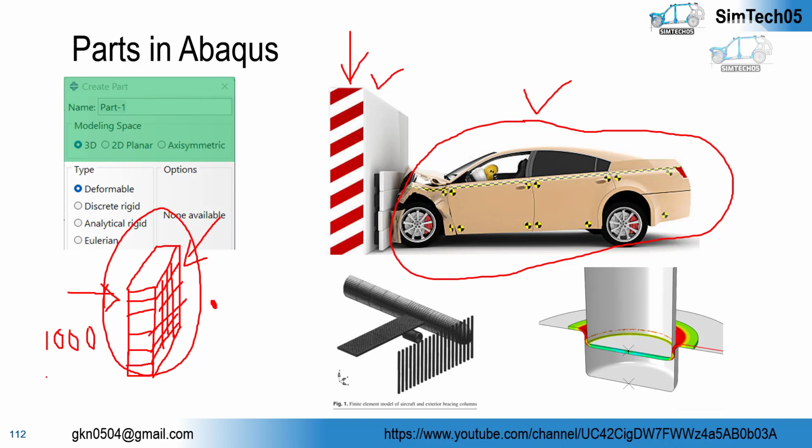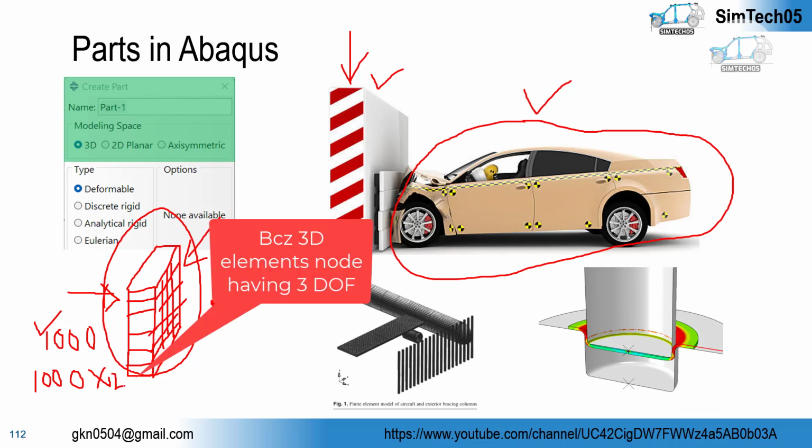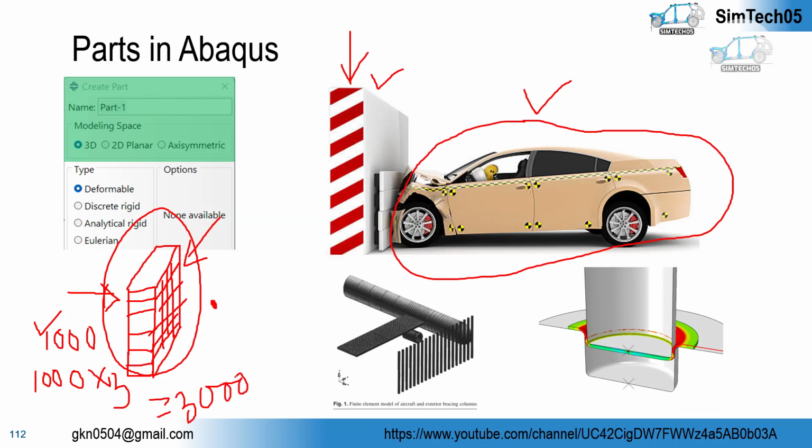We cannot calculate according to the element, because each element has some number of nodes. So assume we have 1000 nodes, and each node has 3 degrees of freedom. So we have here 3000 degrees of freedom, and for these degrees of freedom, the software has to perform calculations.